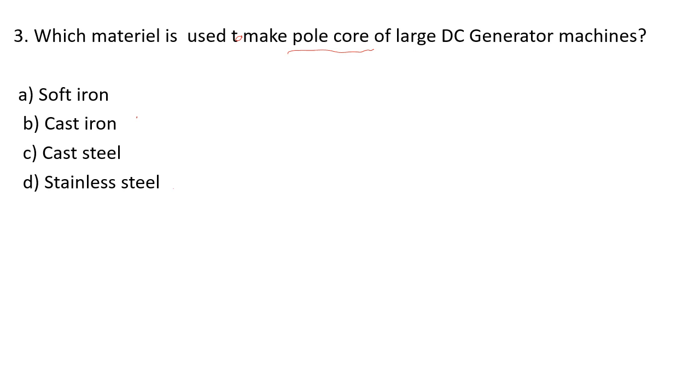We know that for larger machines, normally cast steel is used for the production of pole core. But for smaller machines, normally cast iron is used for the production of pole core.